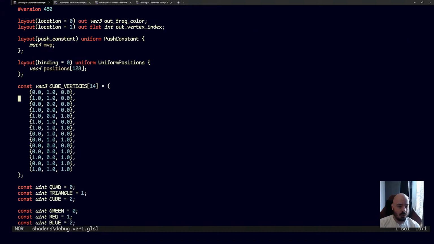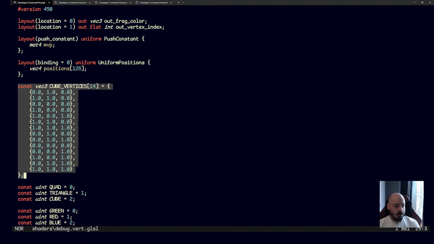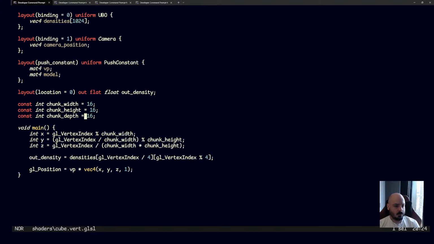Right? We've got cube vertices. We've got a uniform with a bunch of positions. Yeah, so we can just copy this. So let's say, grab this. Now, instead of the vertex index being, no, this would be the position, right?